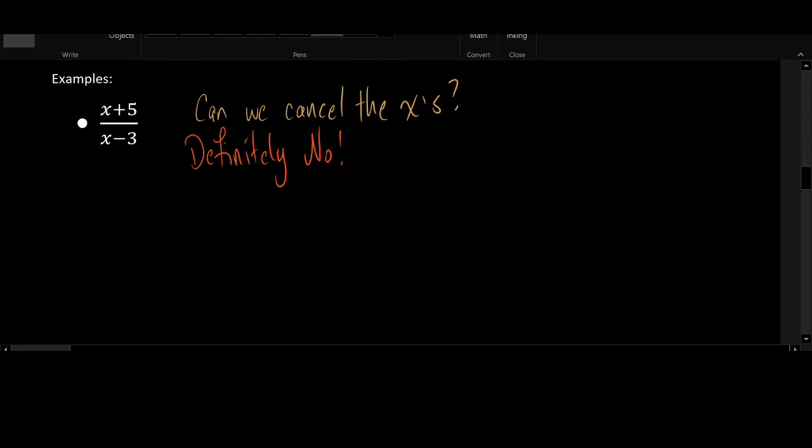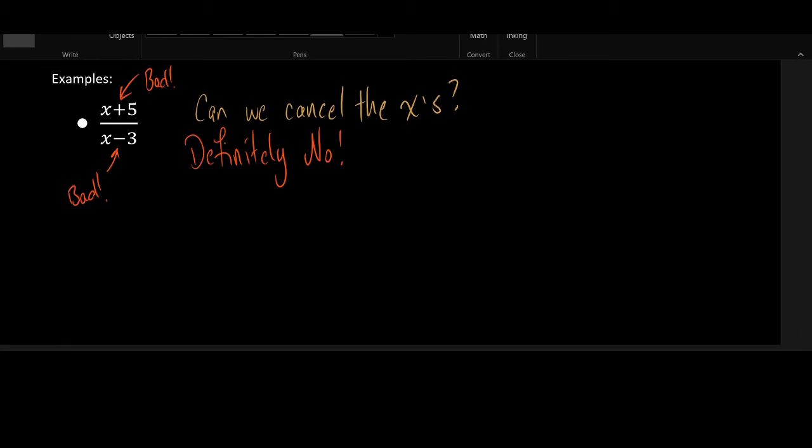The first problem is that the x in the numerator is in contact with a plus sign. And the x in the denominator, to make matters even worse, is also in contact with a minus sign. Now, any one of these by themselves would be enough to say that we cannot cancel the x's. Having two of them just makes matters even worse.